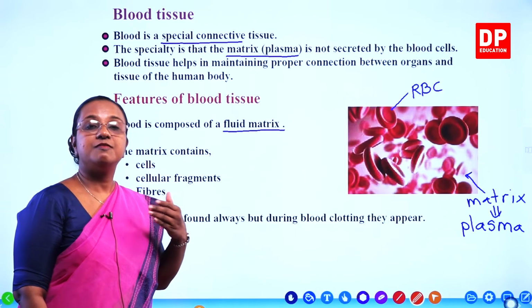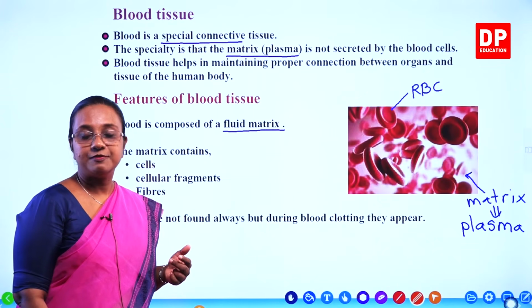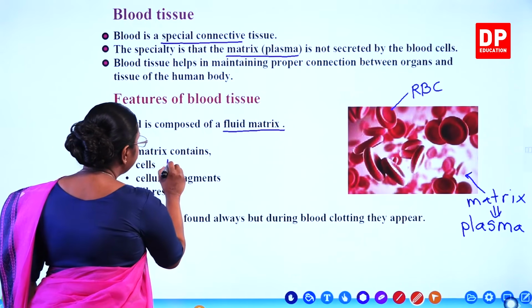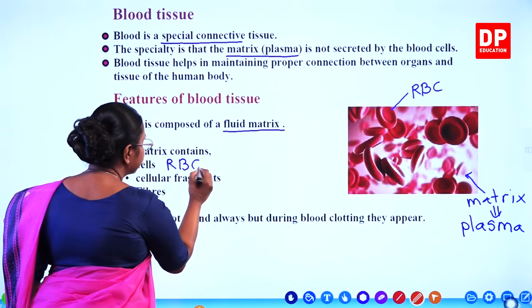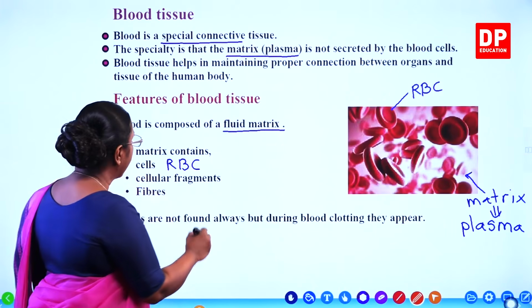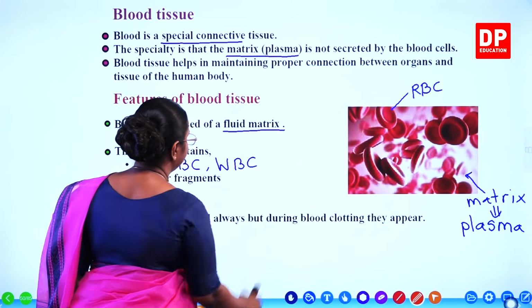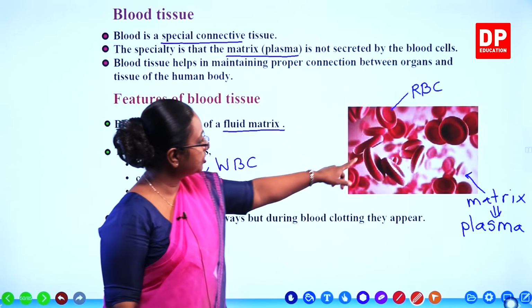Under cells, we look at two main types of cells. One is the red blood cell, termed RBC, and the other is the white blood cell, WBC. Red blood cells are shown here.